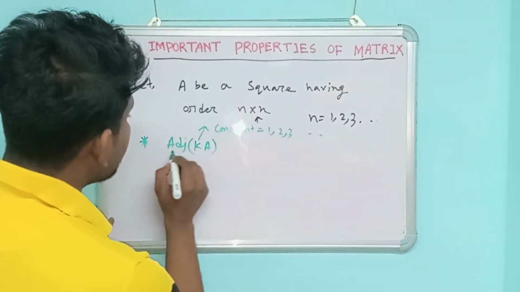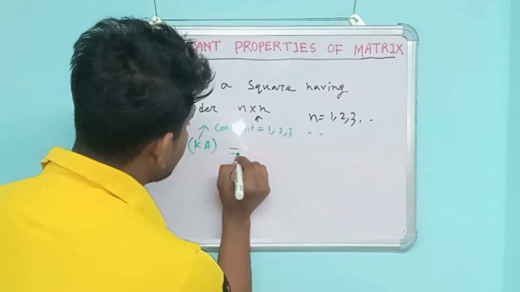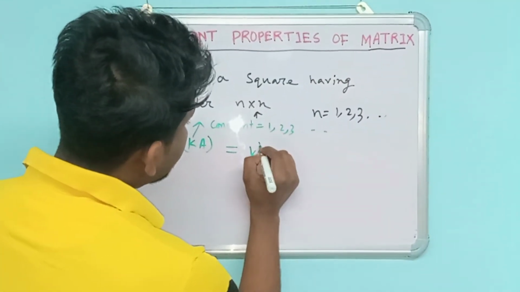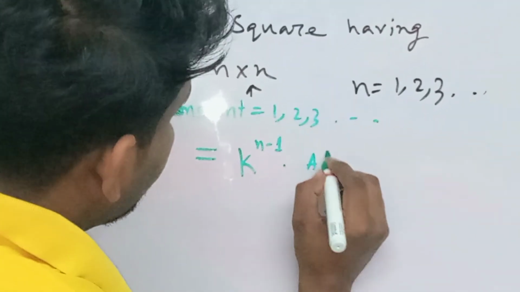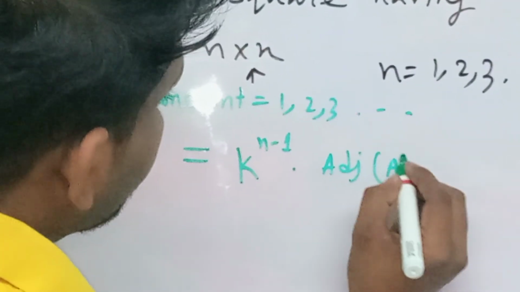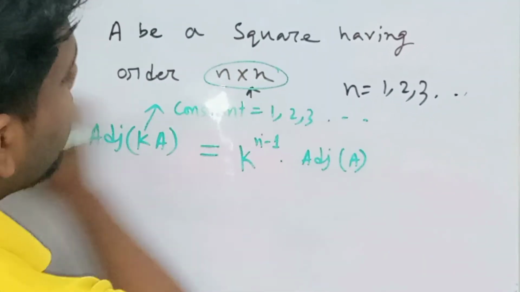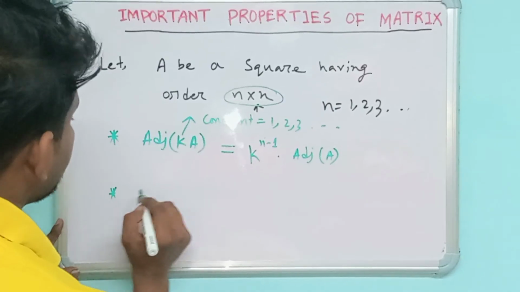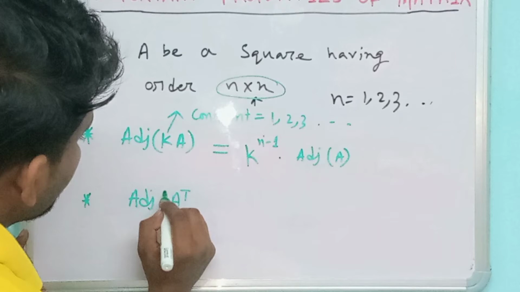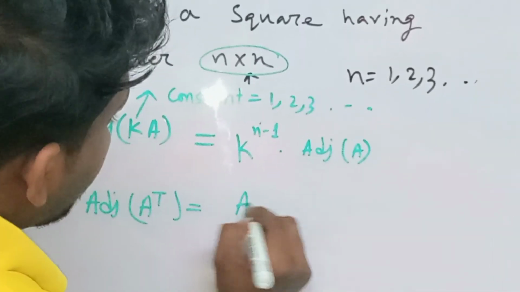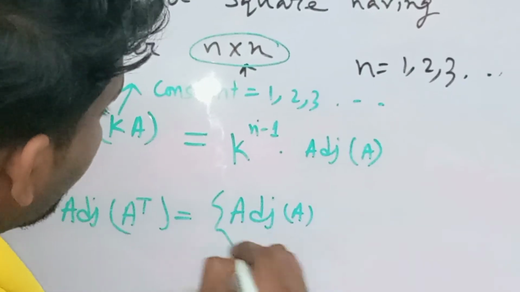So here adjoint of KA equal to K to the power n minus 1 dot adjoint of A. Here n means the order. Adjoint of A transpose equal to adjoint of A whole transpose.